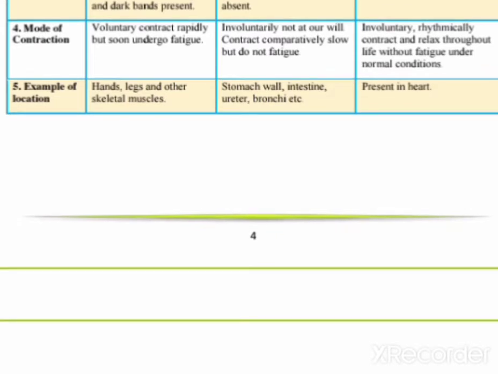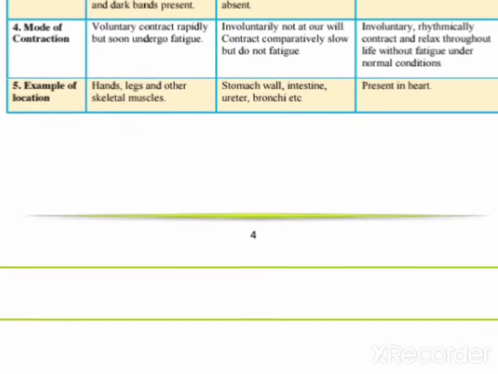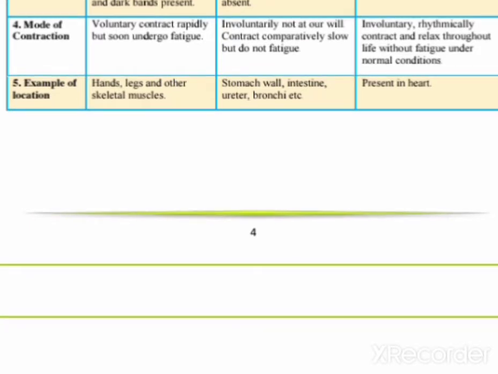So cardiac muscle is also multinucleated. In simple language, cardiac muscles are multinucleated, striated are also multinucleated, but unstriated muscles are uninucleated, meaning only one nucleus is present.